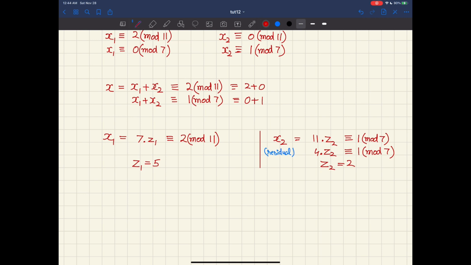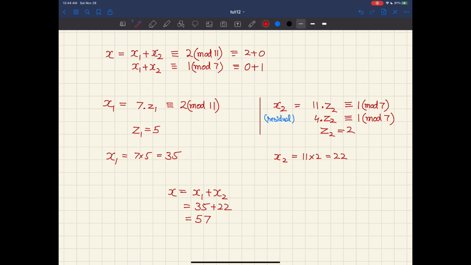Again, solving it gives us z2 equals 2. So you just try it out with 1, 2, 3, and so on. So x1 is 7 times 5, which is 35, and x2 is 11 times 2, which is 22.